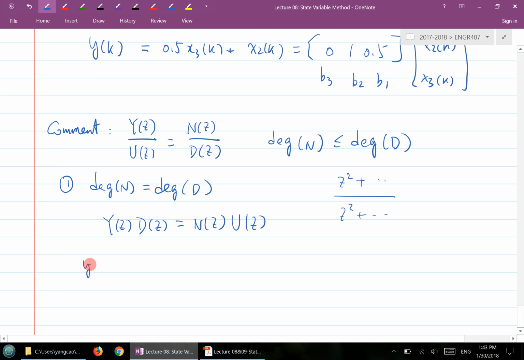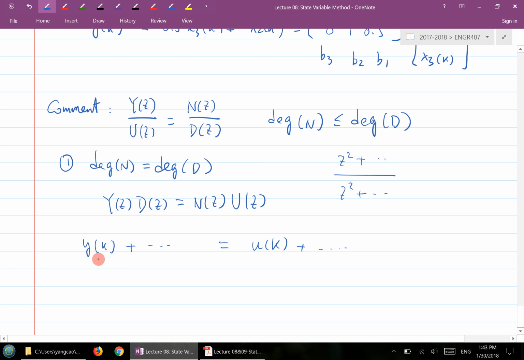So what you probably will get is y of k on one side, and u of k on the other side. That makes sense? So now you can see your y of k is, maybe, 3y of k minus 1, and so on.